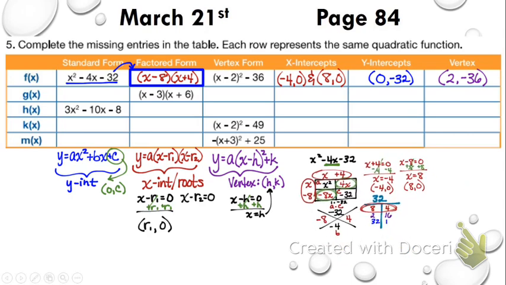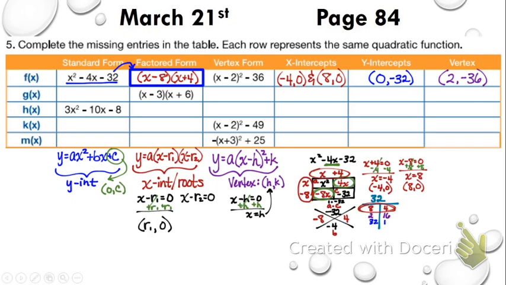Yes. What's inside parentheses on the vertex form? Negative 2. Yep. X minus 2. Anytime you see things inside parentheses, you have to set it equal to 0. Why? What are we doing? You're finding the x part of the ordered pair.